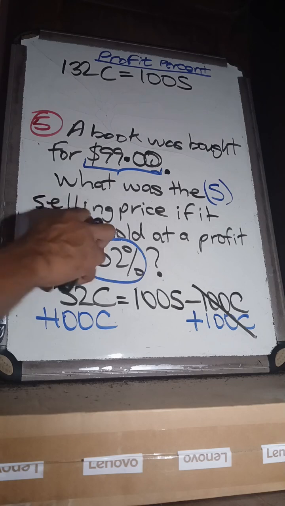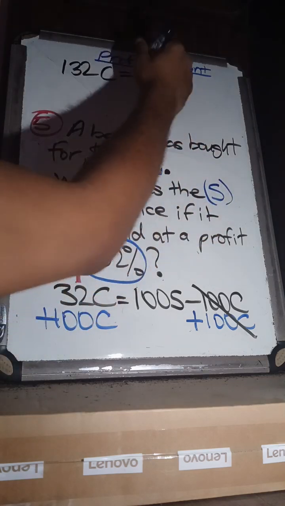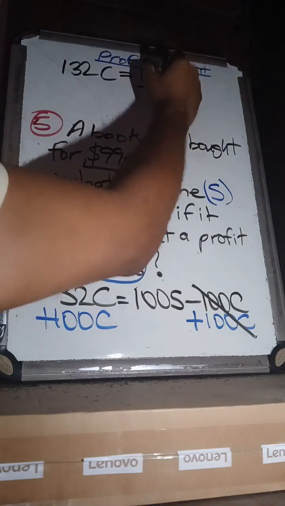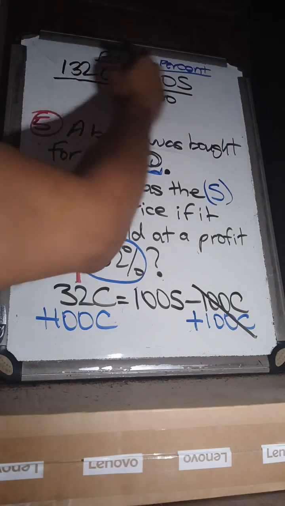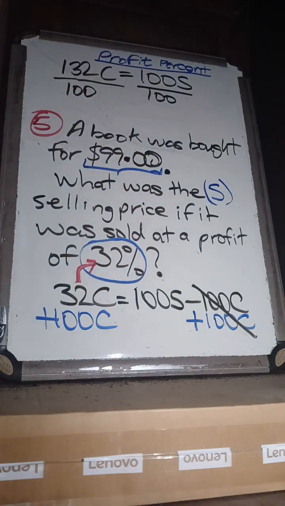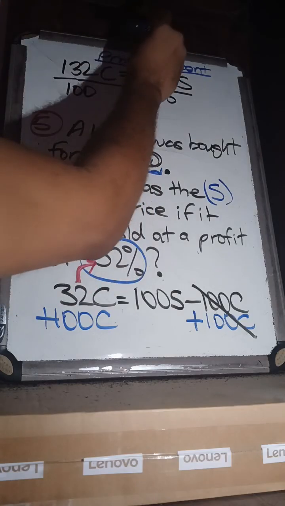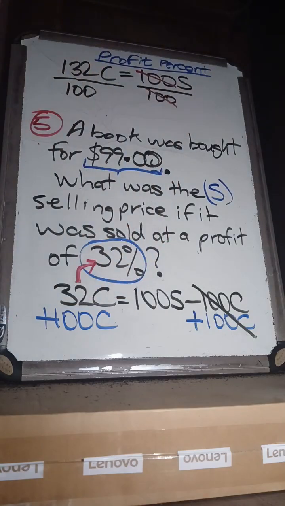Now they want us to know what S is. Well, this is the S, so we need to divide that by 100 just to get S by itself. So we need to divide this by 100 as well. So therefore, S is equal to that.